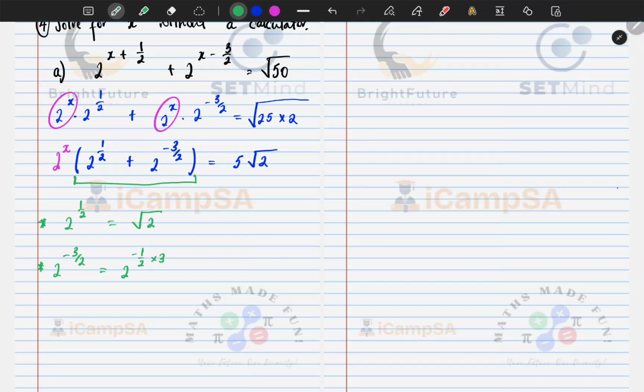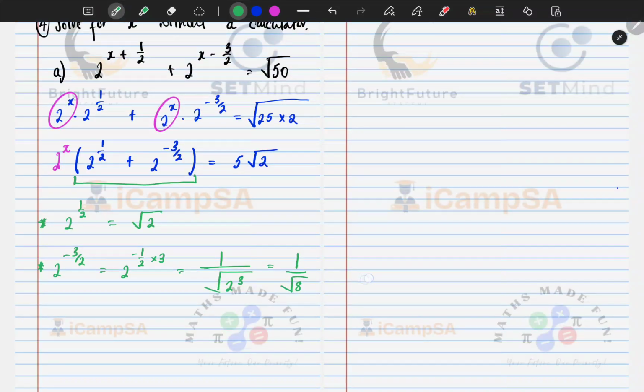So let's go ahead and simplify this. In its simplest form, it's going to be 1 over the square root of 2 to the power of 3, which essentially is 1 over your square root of 8.